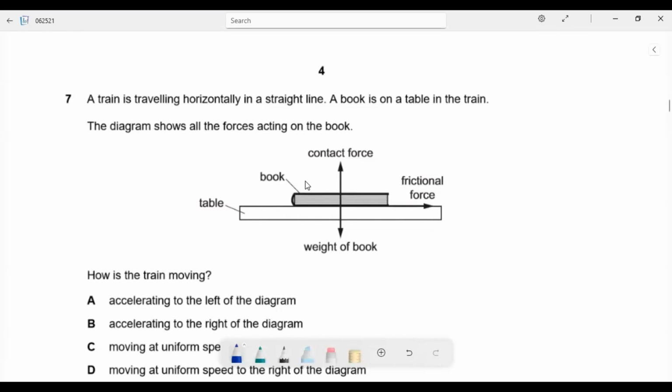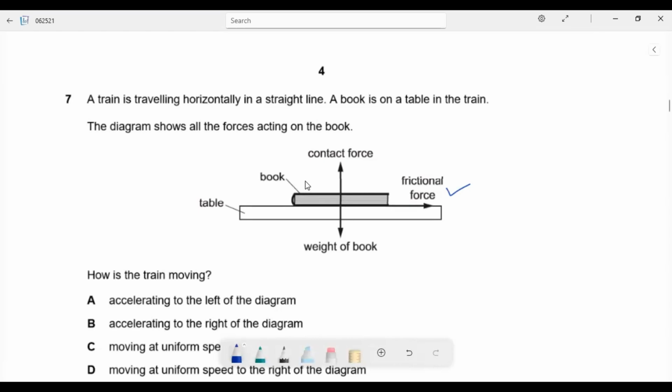A train is traveling horizontally in a straight line. A book is on a table in the train. The diagram shows all the forces acting on the book. Here we can see there is a contact force and weight of the book that are cancelling each other. Frictional force is there.